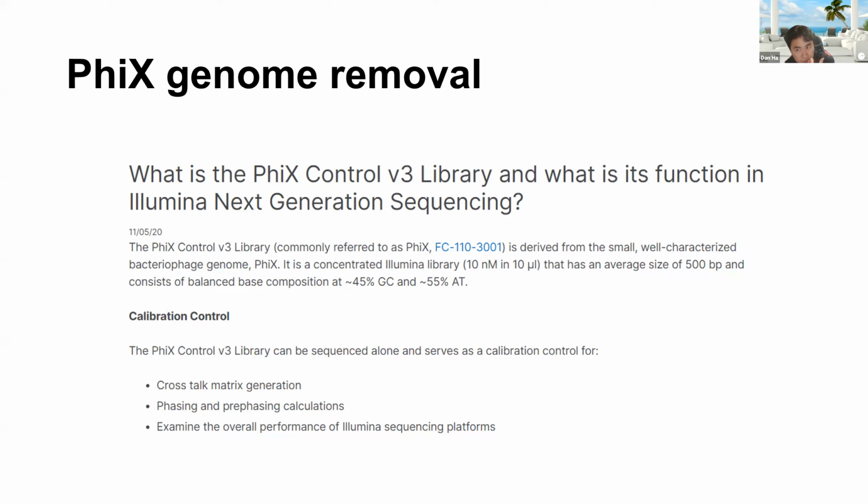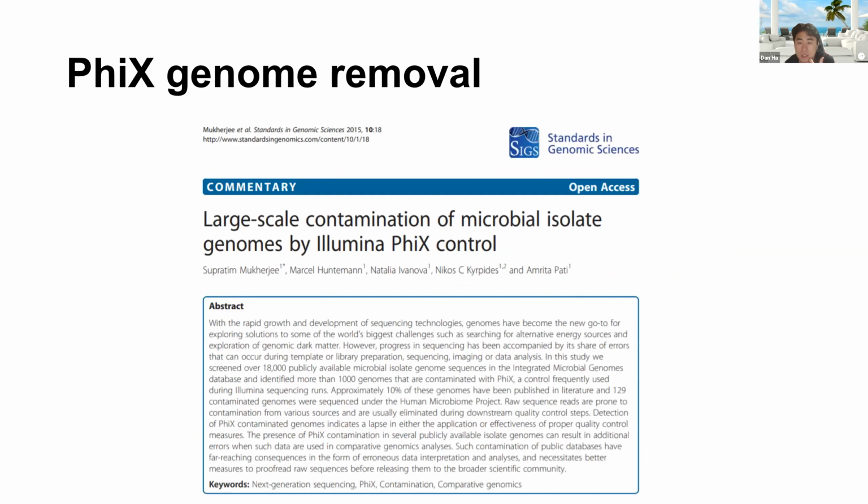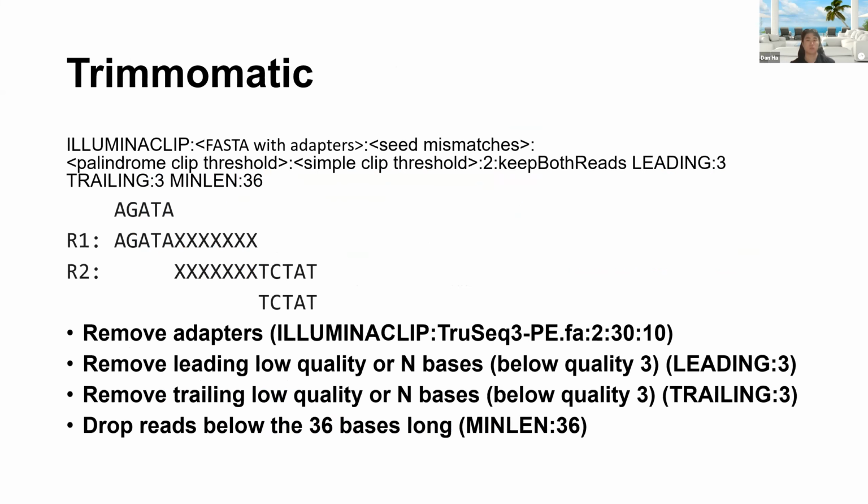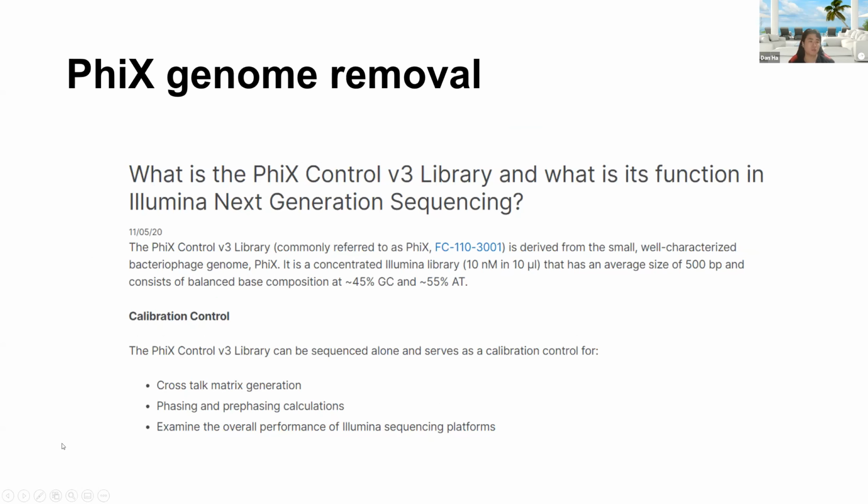If they can retrieve the PhiX genome from the sequence data, it means the sequencing has been done okay-ish. But oftentimes people forget to remove this artificially inserted PhiX genome. They usually do the quality filtering with Trimmomatic, and then they forget about PhiX, so there is a residue of the PhiX genome in your data.